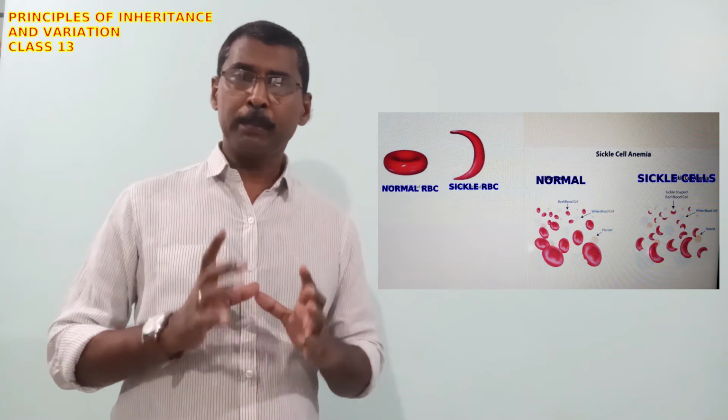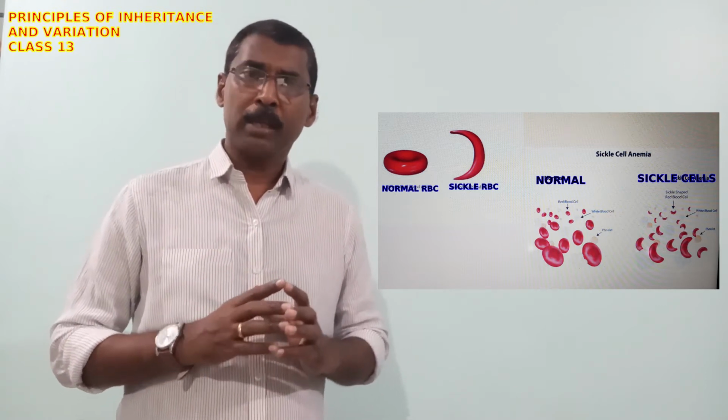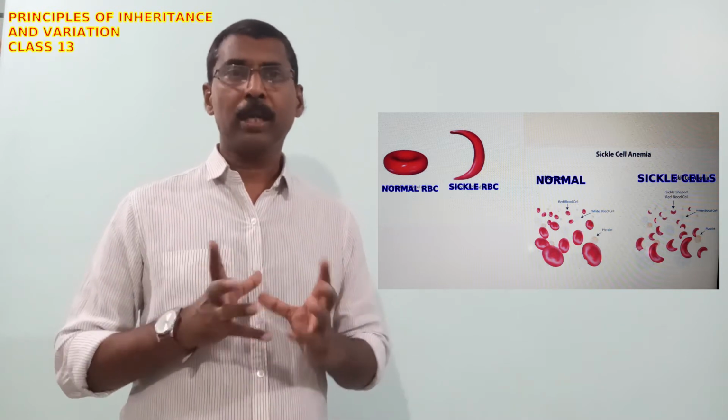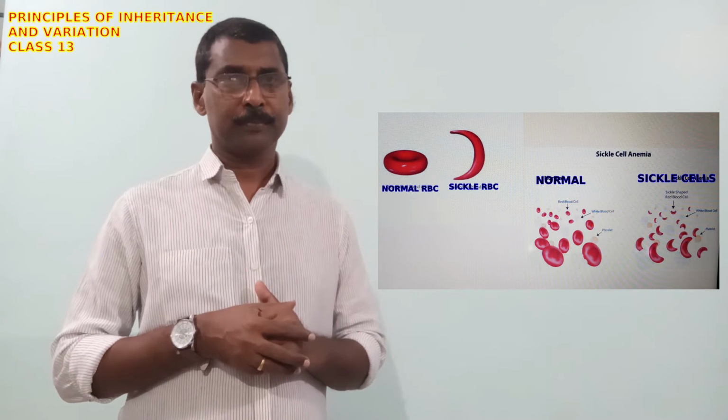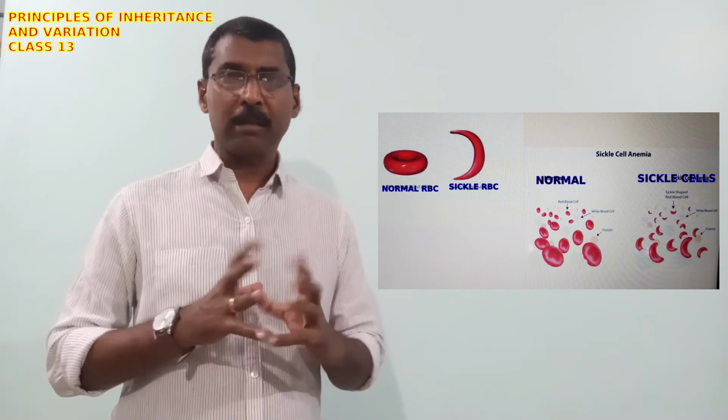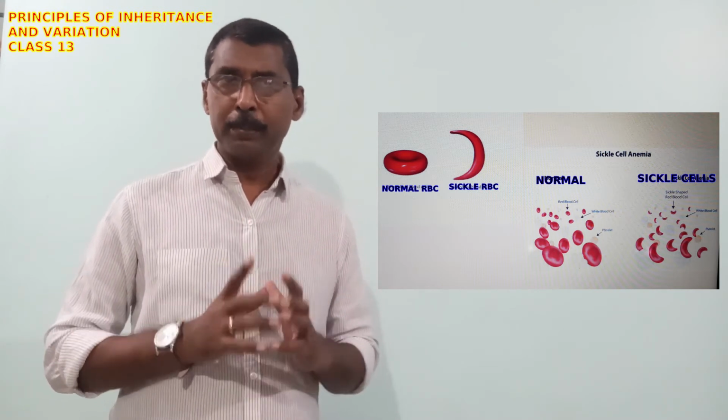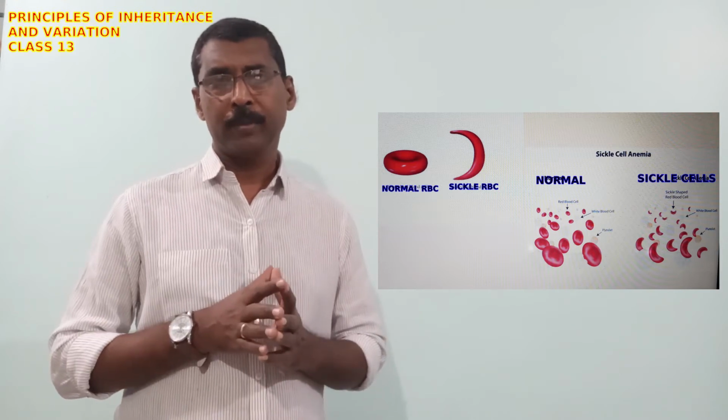Normally, the RBCs in mammals are spherical, biconcave and enucleated. You know that. A healthy normal RBC should be spherical in shape.